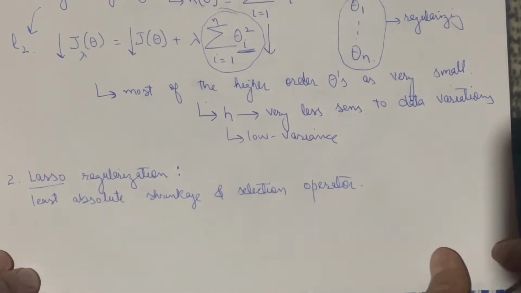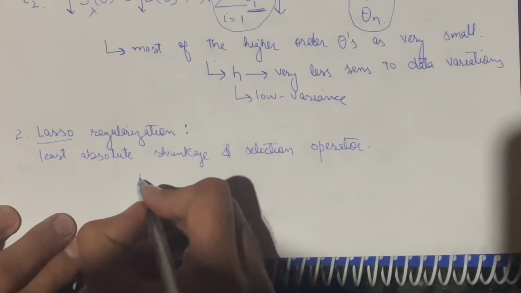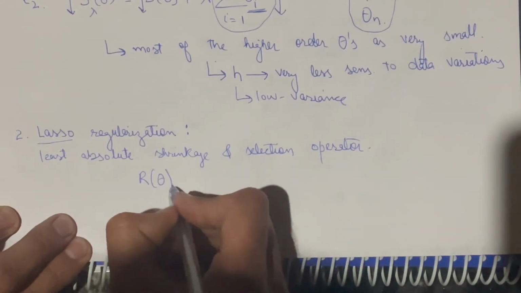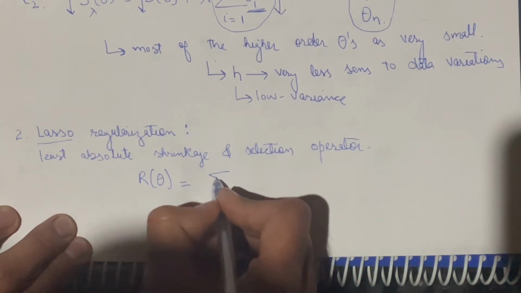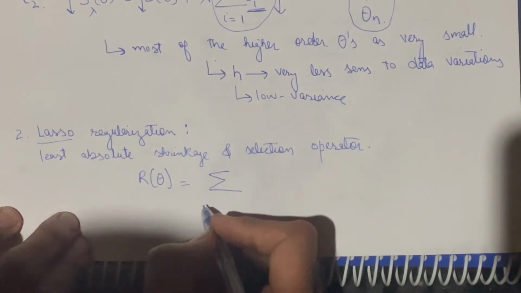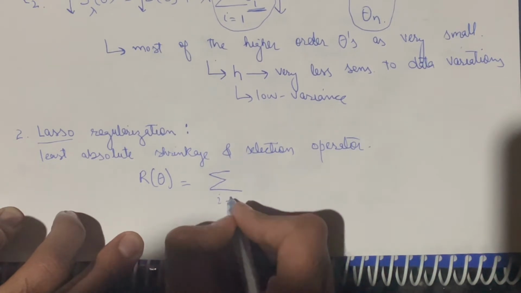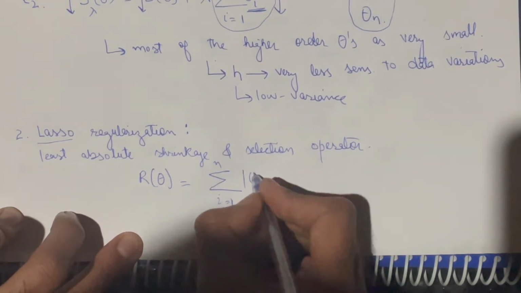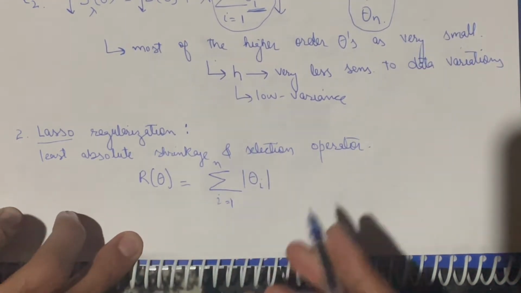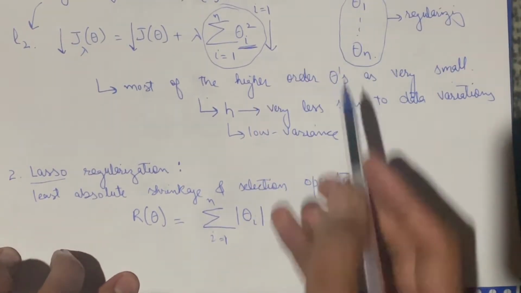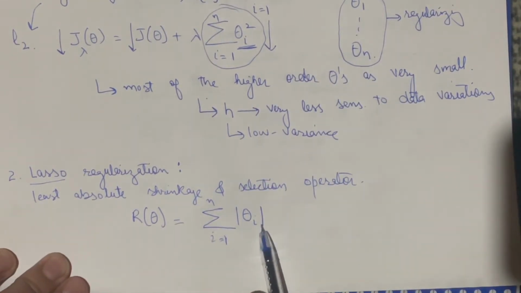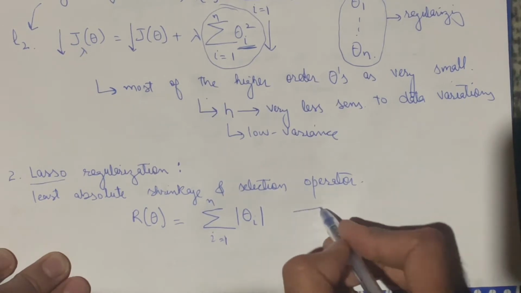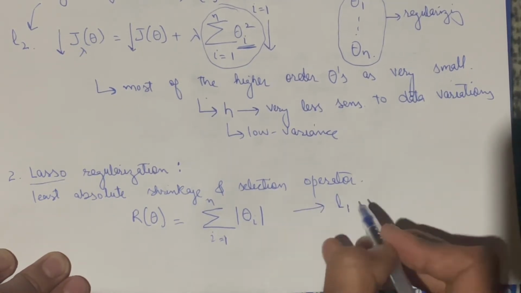In Lasso regularization, this r theta is equal to summation, i running from 1 to n, mod of theta i. So this was theta i square, and this is the absolute value of theta i. This is also called L1 regularization.